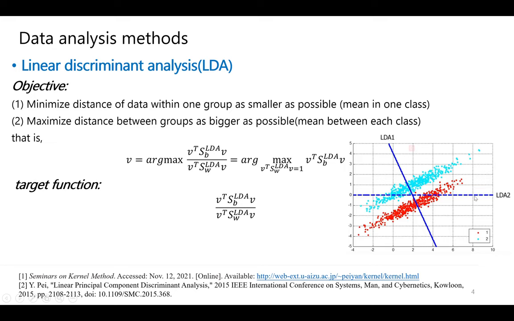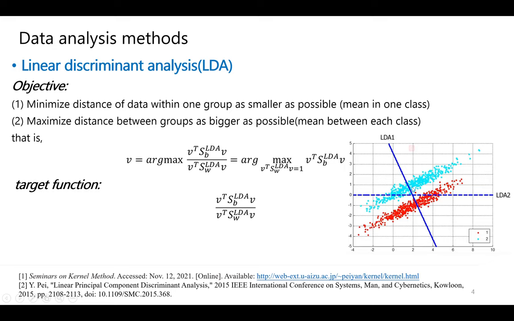As shown in this picture, LDA1 is our target direction because in the blue class, the projections of all blue dots onto this direction are the most centralized, and also in the red class, it satisfies the first objective.